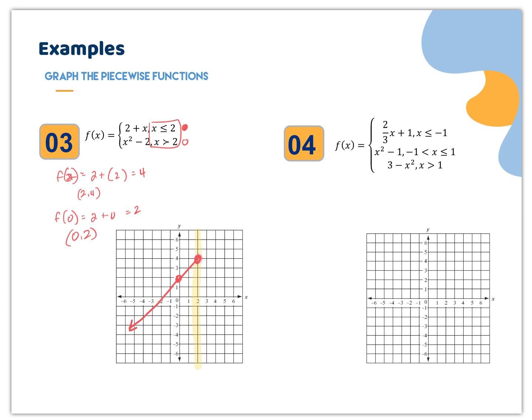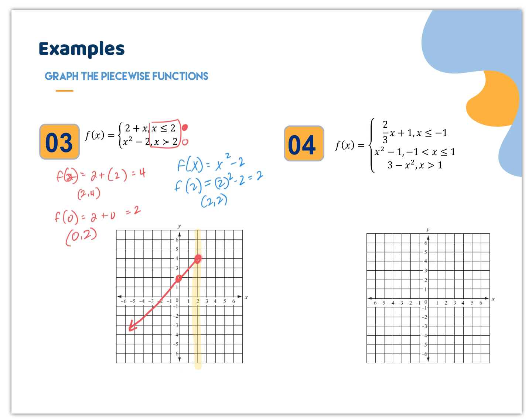And then I'll go to the other one, the bottom one, and that's my parabola part of it. And I have f of x equals x squared minus 2. So if x is, let's say 2, it's going to be 2 squared minus 2, which is 4 minus 2, or 2. So 2, 2.